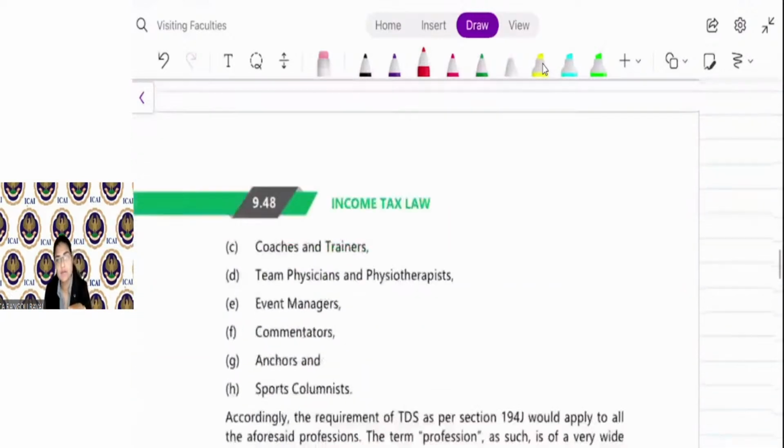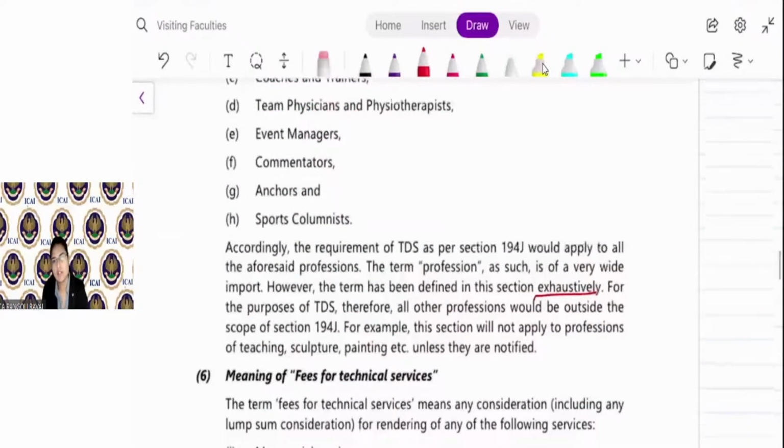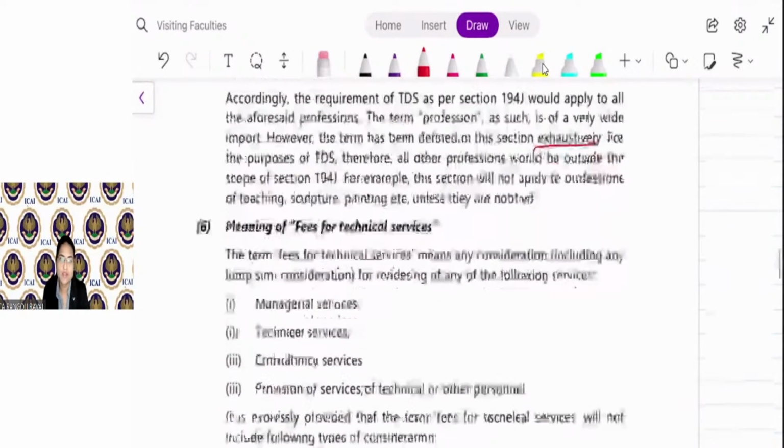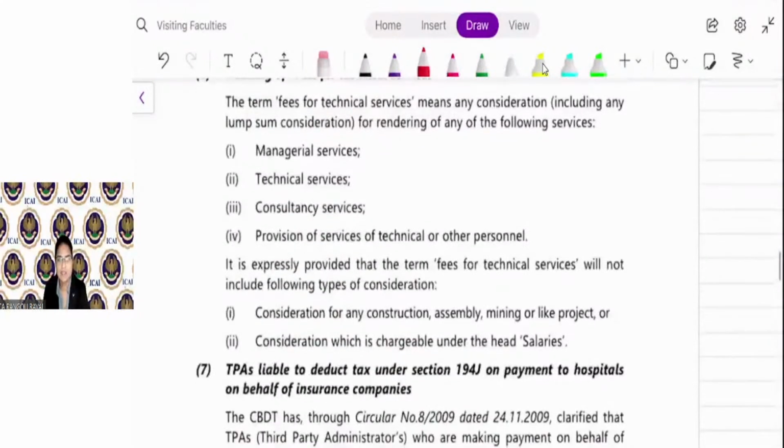Here the teaching profession is not given, painters are not given. So if you are paying to painters or any teachers for obtaining the services, then TDS is not required to be deducted. Technical service means managerial service, technical consultancy, or any other personal service.